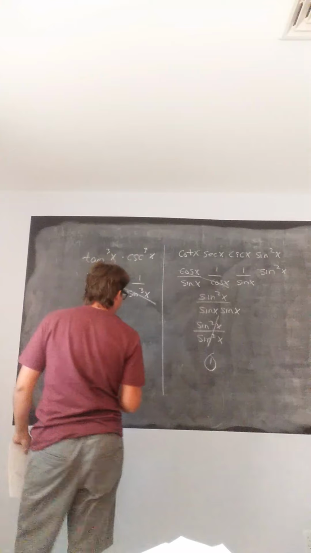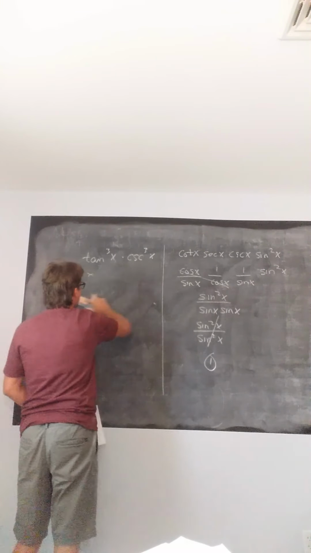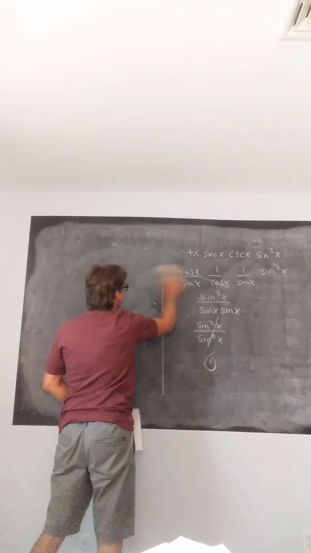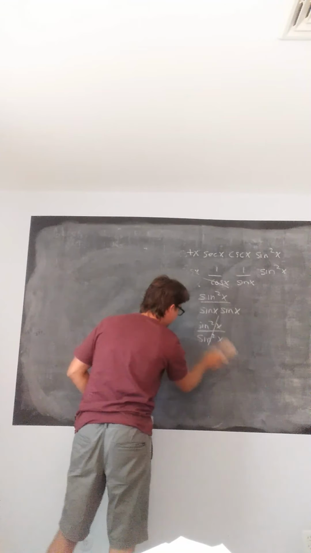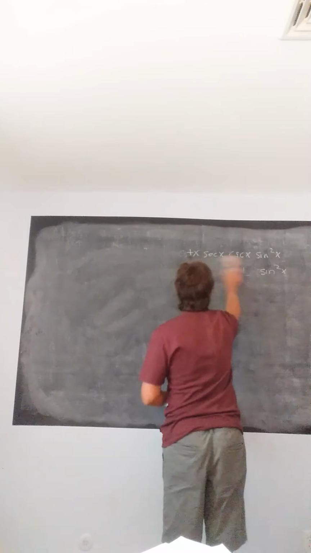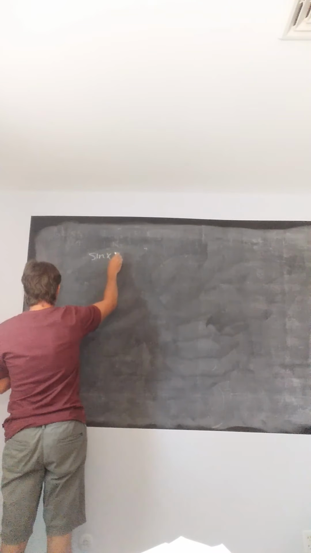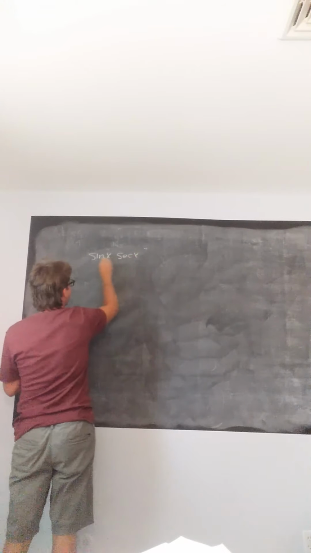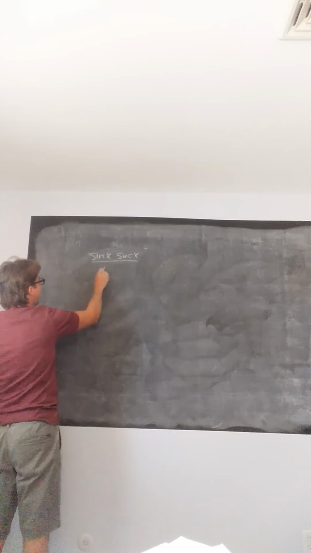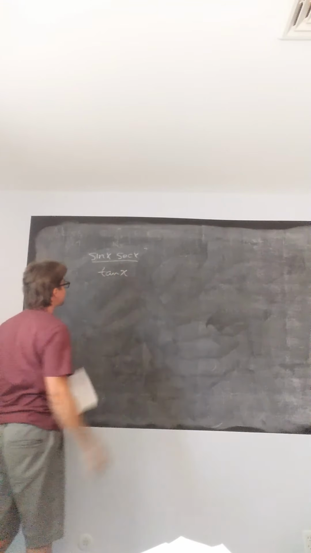Now let's look at when we have fractions involved. For example, what if we have something that looks like this: sine of x times secant of x over tangent of x. That's nice, right?